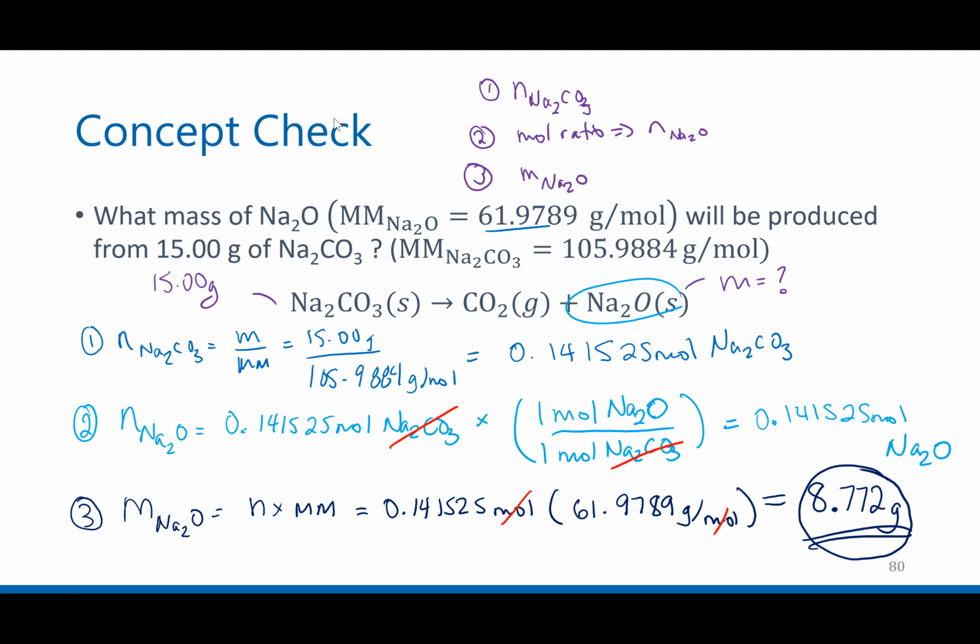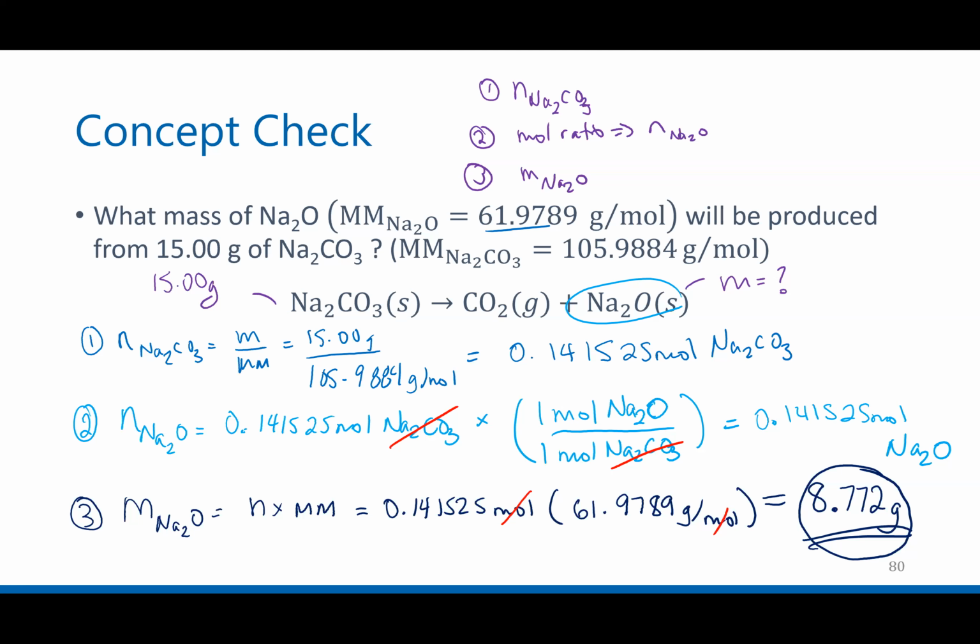We could do this in the lab actually. We do this in chemistry 1200. A way to do this is to heat it up. You just take sodium carbonate, similar to baking soda, and you heat it up. Put it over a flame in a container, and it will decompose, and you'll notice that you lose mass.